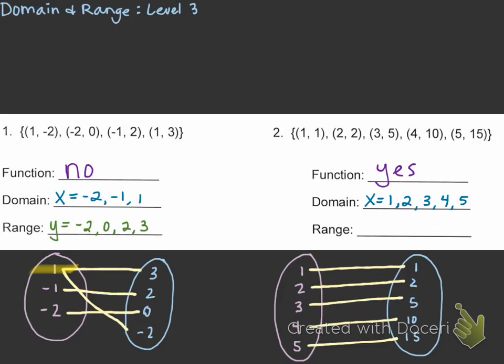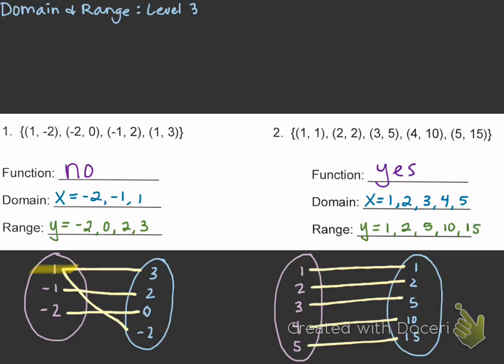So when we're just given coordinate points, we're going to list out all of the x values, and that represents all of the inputs. All right, our range is all of the outputs, or all of the y values of our coordinate points. So we have y equals 1 from the first coordinate point, 2, 5, 10, and 15.